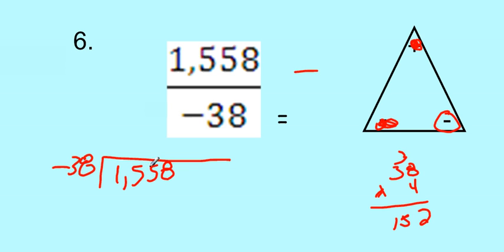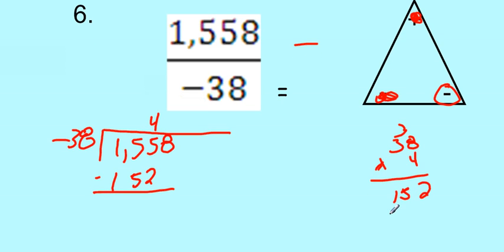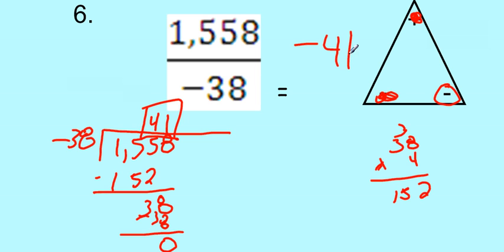So we're going to put the 4 above the 155 and subtract 152. And what we end up with is 3, and then bring down our 8. 38 goes into 38 one time. Subtract 38, and we have no remainder. So our answer, 41. Bring it up here. We're going to put it with our negative sign because we know from our triangle that our answer is negative 41. So, long division there.